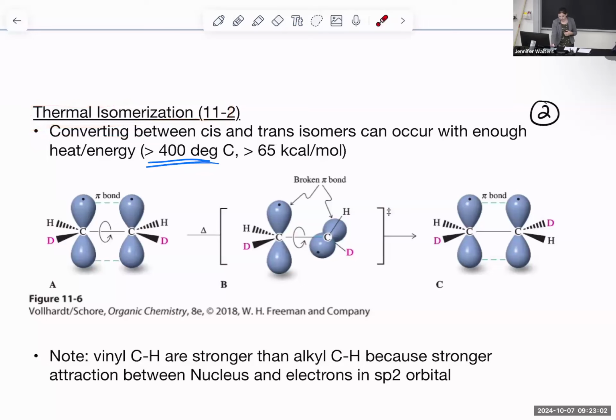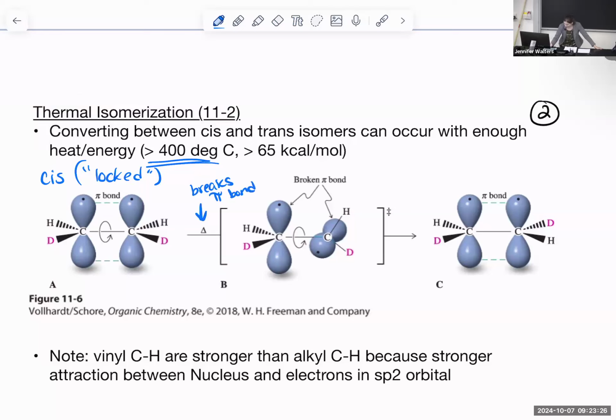It's when you have extremely high temperatures, you can force your pi bond to break so that there is no pi bond. So here you're imagining you are cis and you are locked. We get that really high heat. That high heat breaks the pi bond.